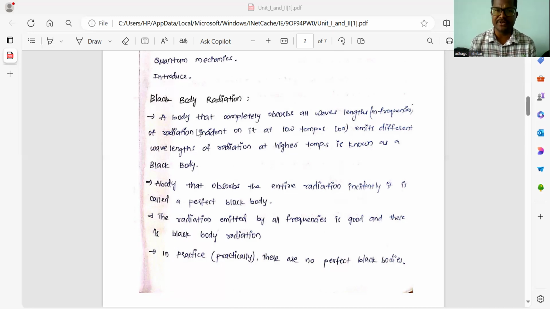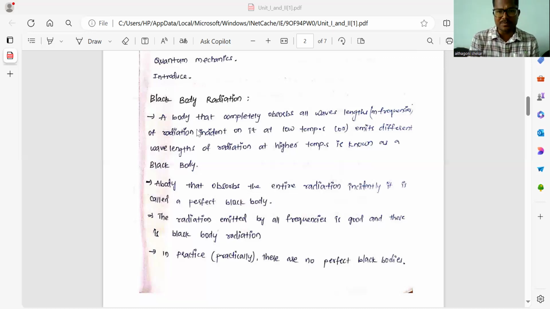Once again, a black body completely absorbs all wavelengths of radiation at a low temperature, or emits different wavelengths of radiation at a high temperature. This one is the black body. Otherwise, it is not a black body.